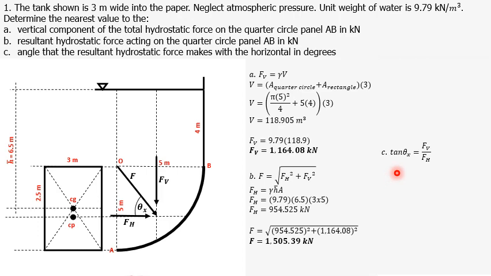So we simply use the formula tan theta x is equal to FV over FH. So simply substituting our FH and our FV, we get theta x equal to 50.65 degrees.